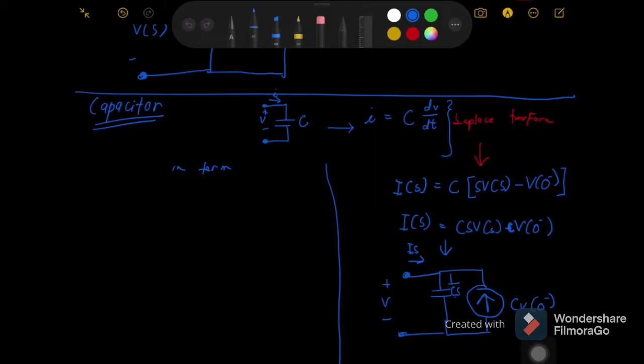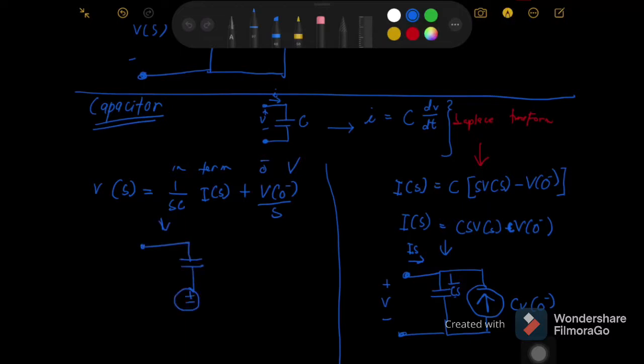Okay, next I'm going to explain in terms of voltage. Repeating the previous method, by rearranging the equation that you had before in the current term, you will get Vs equal to 1 over Sc times Is plus V0 naught over S. And again, for voltage, we are going to represent it in a series circuit.